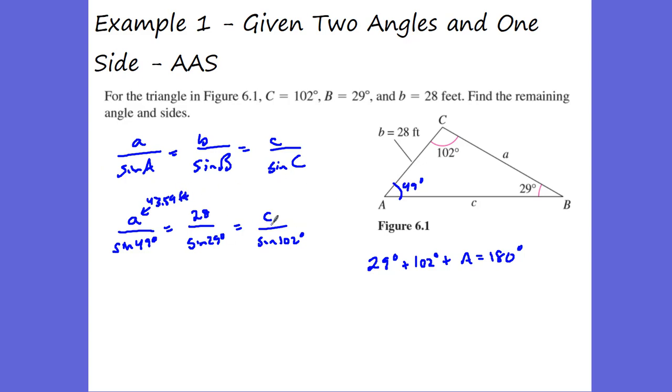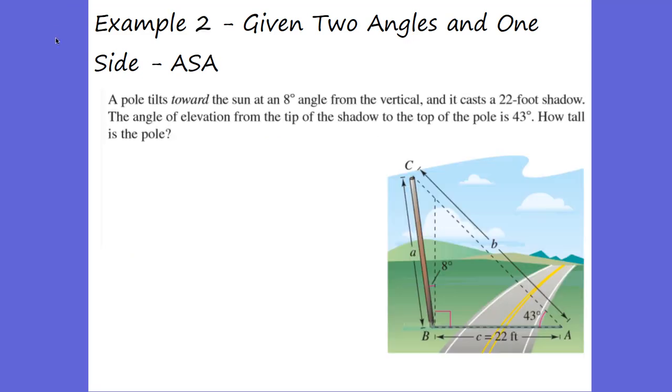To find c, again I do a little cross multiplying: 28 times sine of 102, divide by sine of 29 degrees, and I end up getting 56.49 feet. We rounded to two decimal places, and that's okay. So you're just cross multiplying with the law of sines to find your remaining angles and sides. That is when we have angle, angle, side.